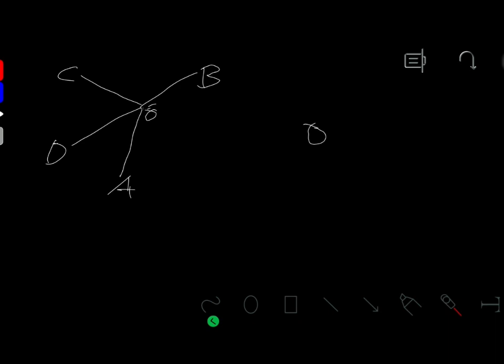Okay. So what that simply means is each of these sides will add up to 360. So let's go. Let's start with here.